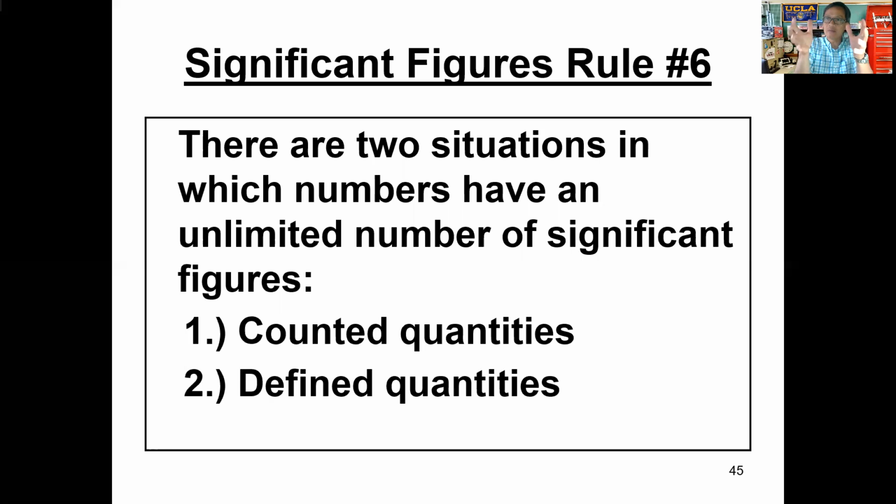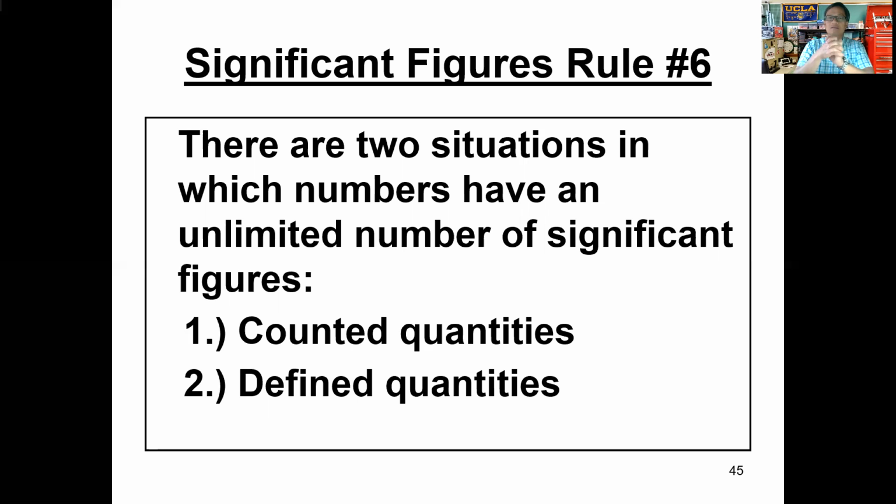There's exactly 12. There is no estimating and no guessing in that. It's an exact number. So whenever we have an exact number, the level of precision is infinitely high. Therefore we have an unlimited number of significant figures whenever we have a counted number, a number that we obtain by counting.